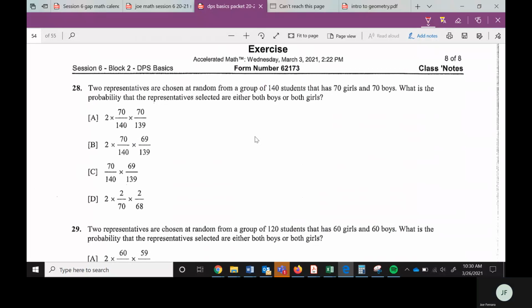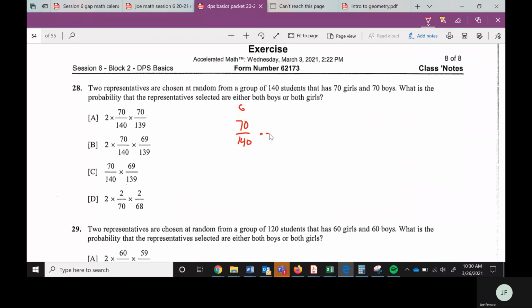This one can be a little confusing, but we start out and let's say there's 140 students. The probability of picking one, it doesn't matter which one, let's go with girls first. Probability of getting a girl is 70 over 140.